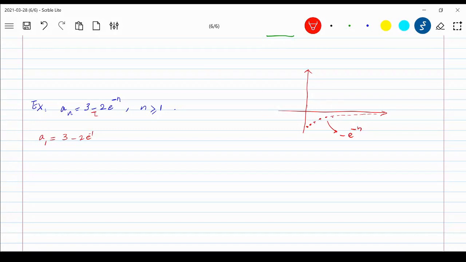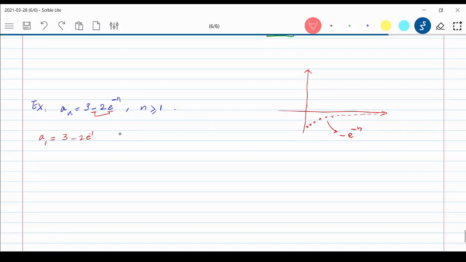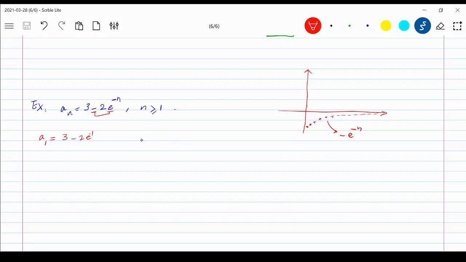So I can say this part is bounded by an upper line which is 0. So here 2 times that would still be bounded, and then if I add 3 to it, I can still say it's bounded. So what I'm claiming is that I always have this term. I'm saying that e to the power negative n is always less than 0.